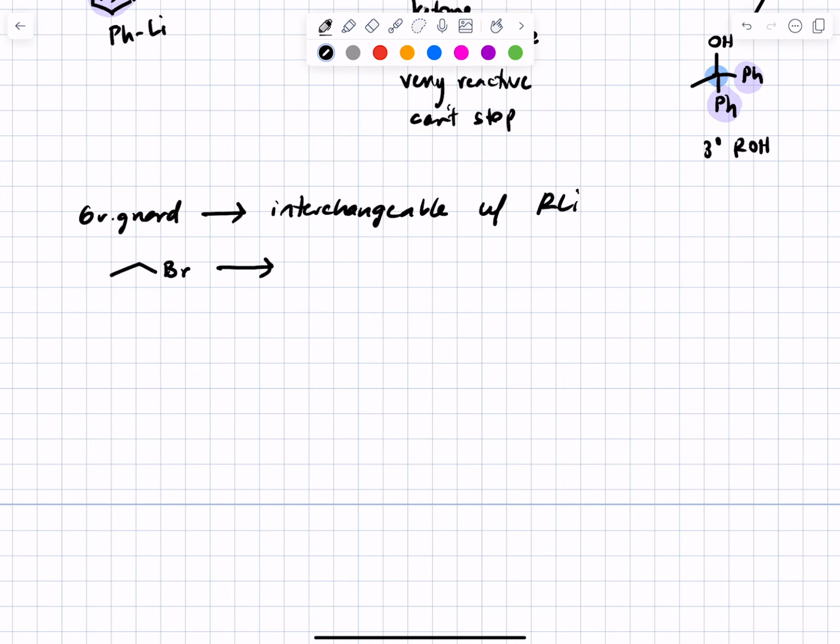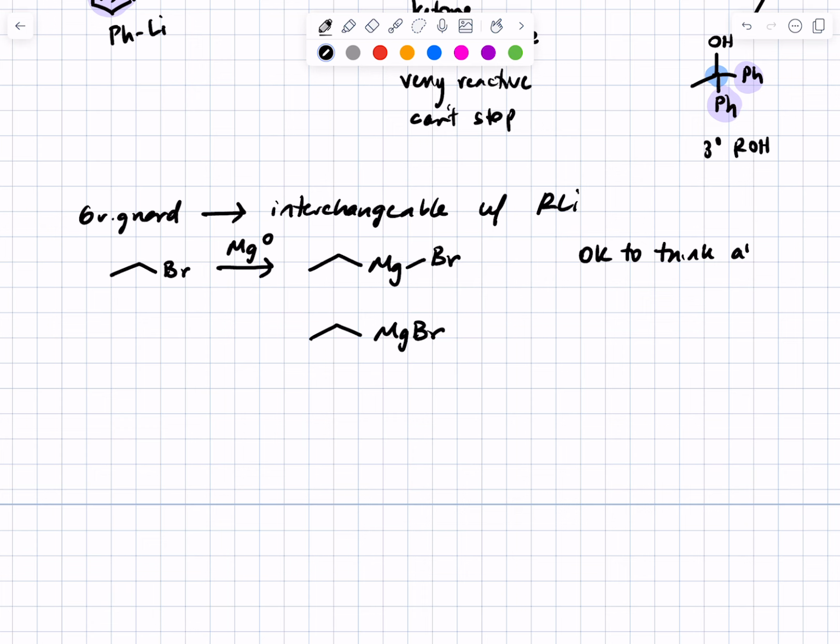Grignards you get by taking the same starting alkyl halide and reacting it with magnesium metal. The way you draw a Grignard reagent is like this, or alternatively like this, but it is okay to think about it as though it were the carbanion, a magnesium 2+ ion, and then Br-.